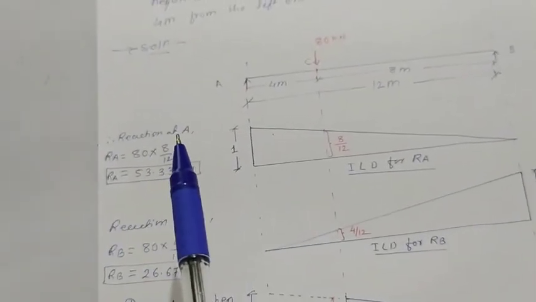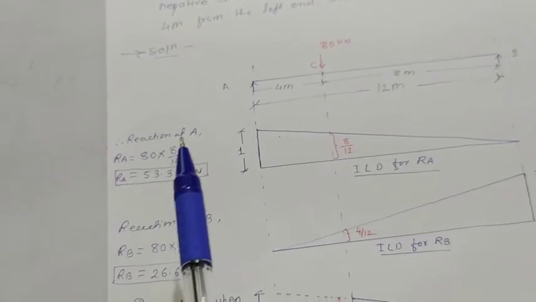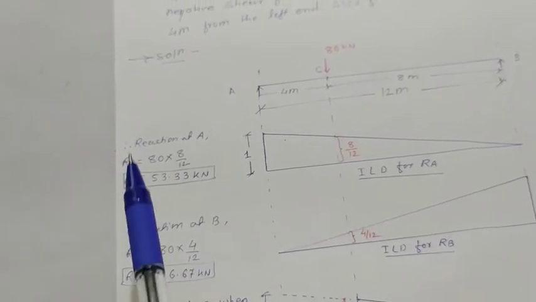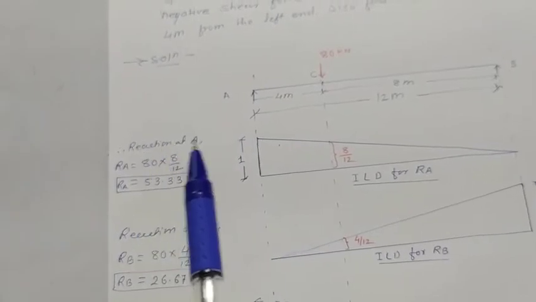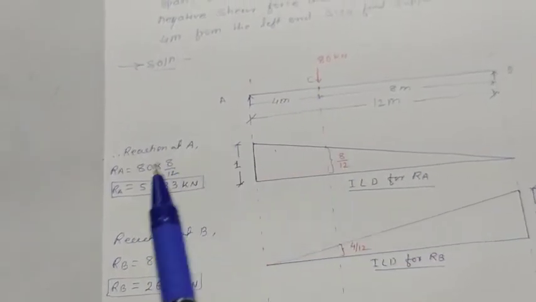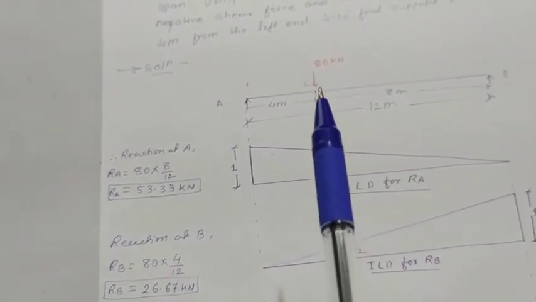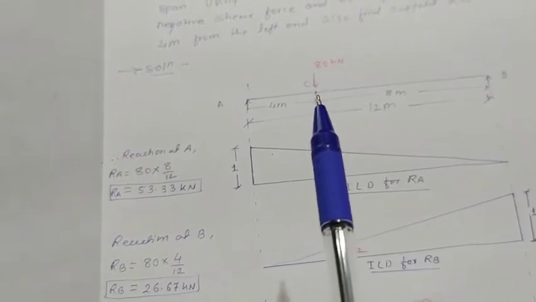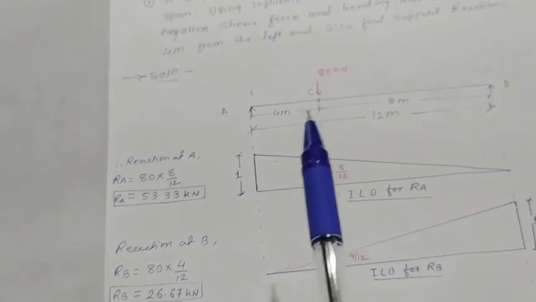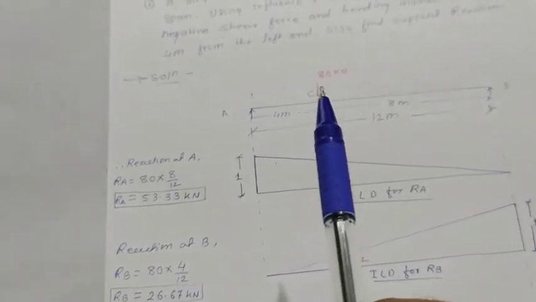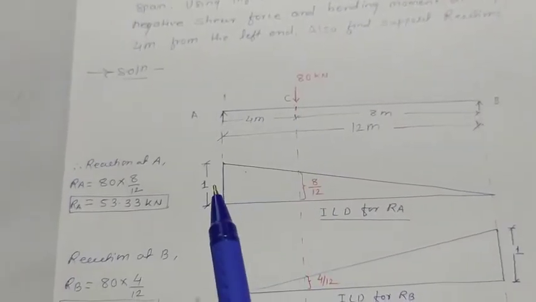Let us make the calculations of reactions. I just use this space for calculation for easy understanding. Suppose I apply the 80 kilonewton load at point C and find the reactions.